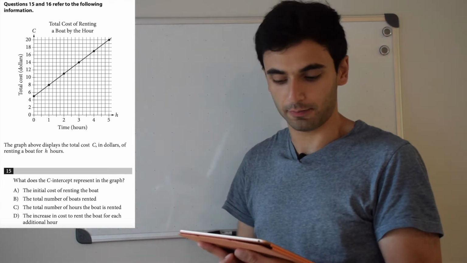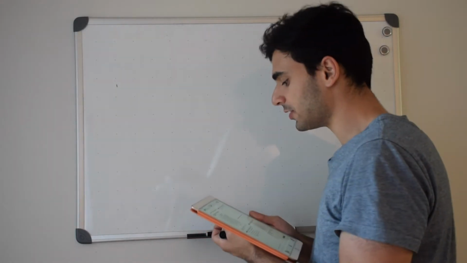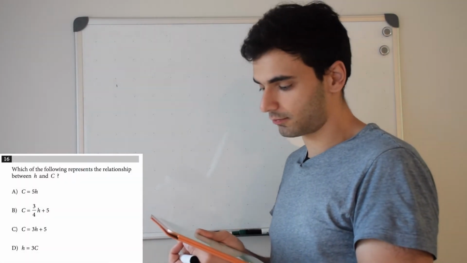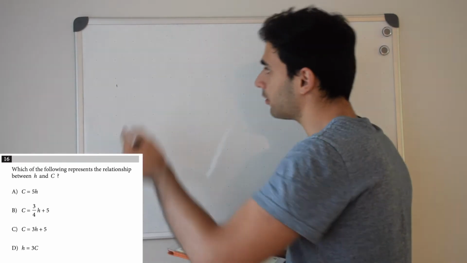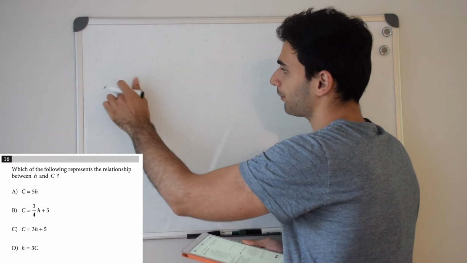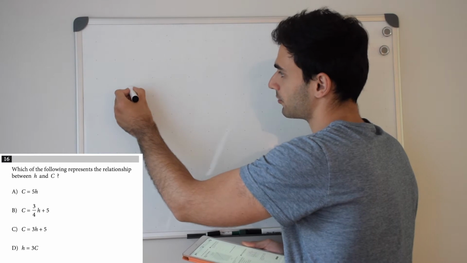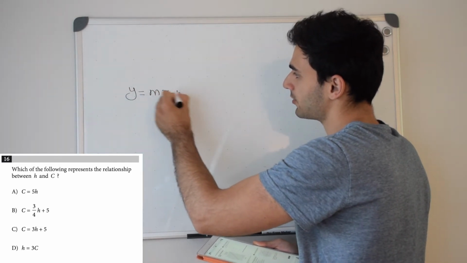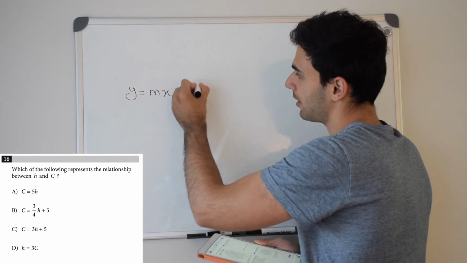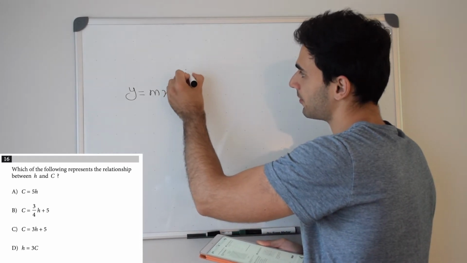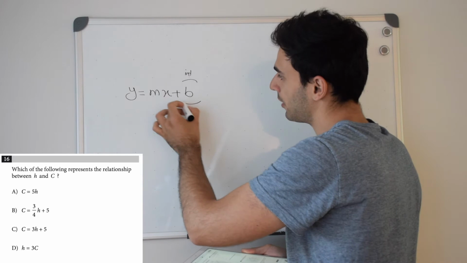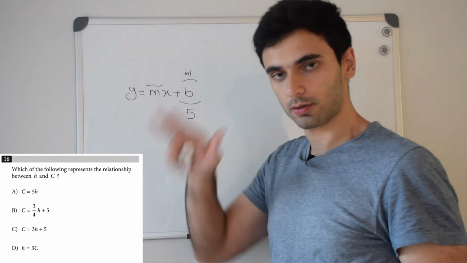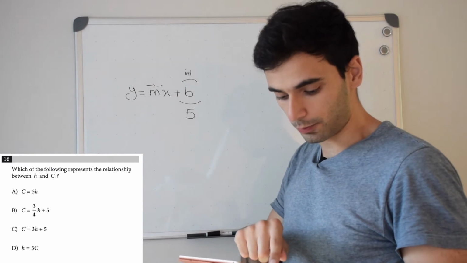So it's A. Question 16, which of the following represents the relationship between h and c? So we know how the linear function works, right? y equals mx plus b, and b is the y-intercept. The y-intercept is 5. m is our slope.